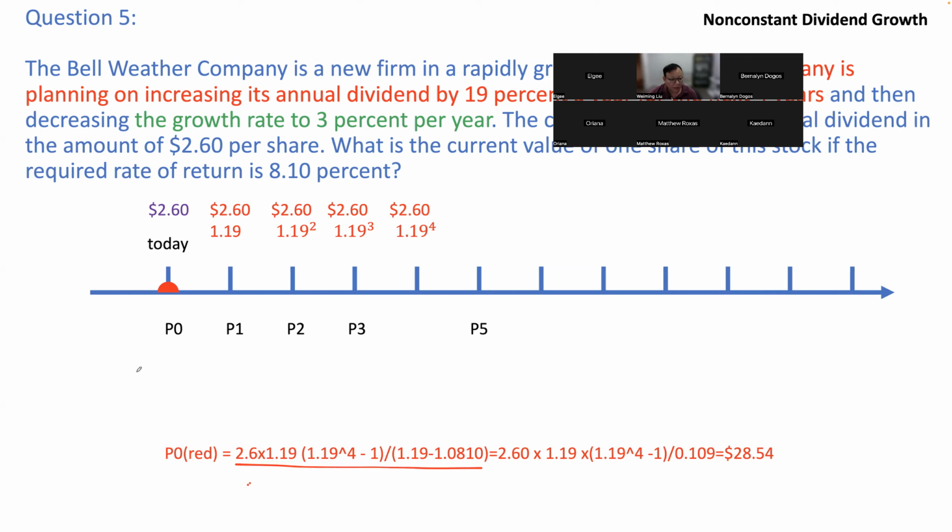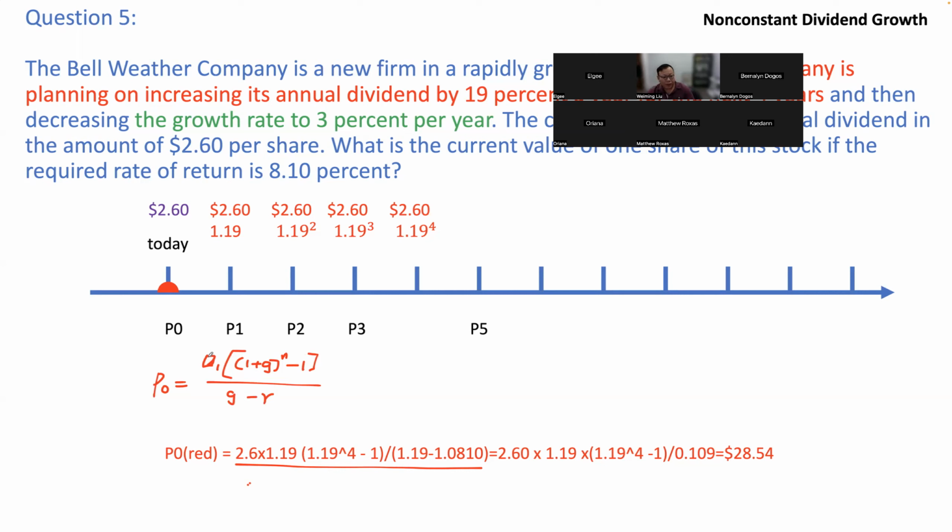So I'm going to write it down for you. P0 equals D1 times 1 plus the growth rate to the power n minus 1, divided by growth rate minus r.